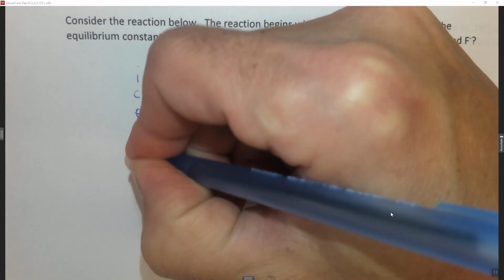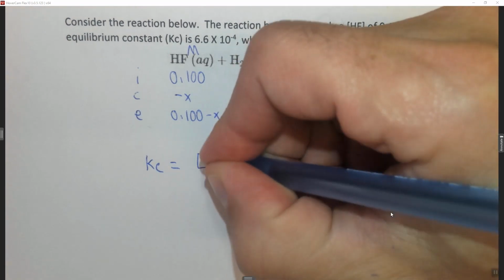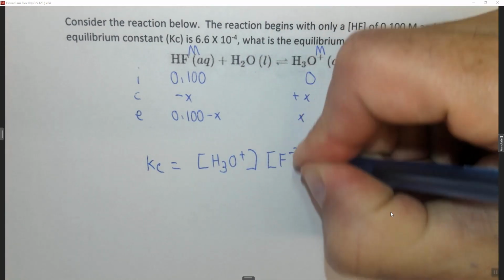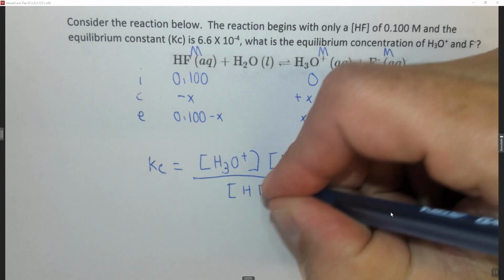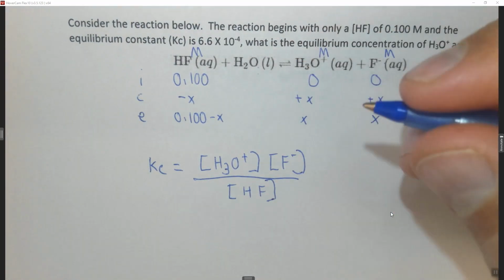All right, so let's take a look at this. If we go with Kc is equal to products over reactants, we've done this a bunch of times now. So H3O+ and F- are your two products. Note that your only reactant here is HF, because we don't include H2O.